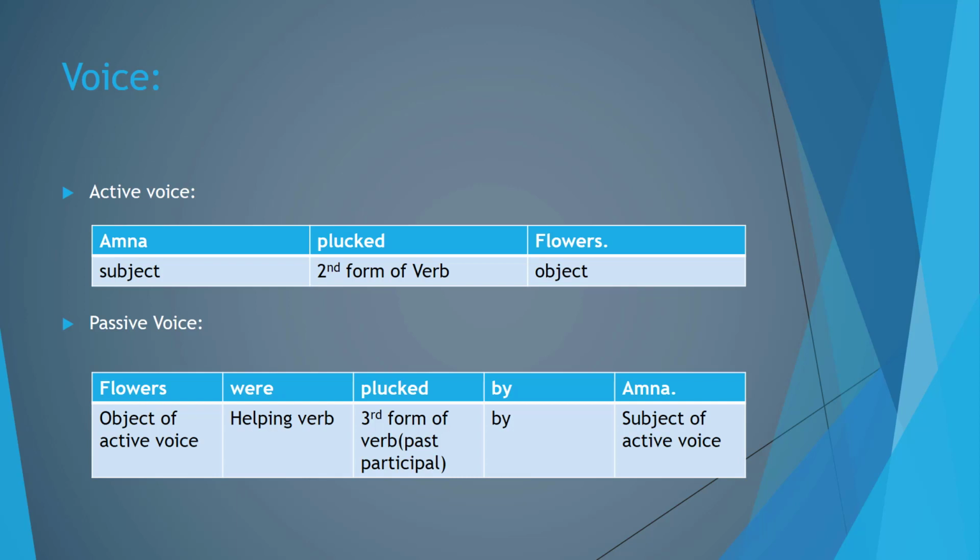If we observe the formation structure, you would see how changes take place while converting active voice into passive voice. In active voice, we follow traditional grammatical structure. Subject comes first, then we use second form of verb since we are working upon simple past tense or past indefinite tense.